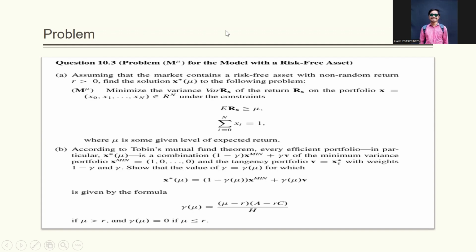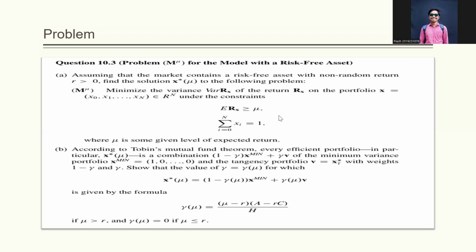The problem says: assuming that the market contains a risk-free asset with non-random return r greater than zero, find the solution x to the power mu to the following problem. Here we should minimize the variance of the return Rx on the portfolio x.